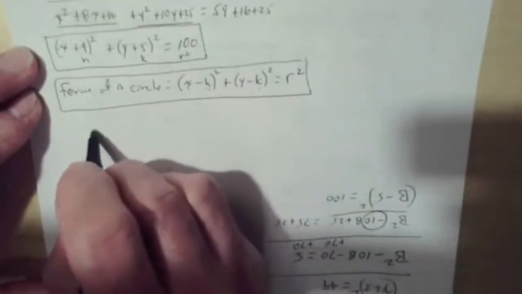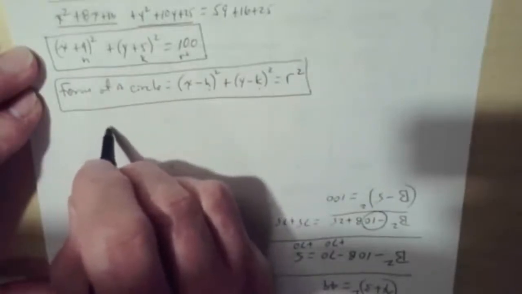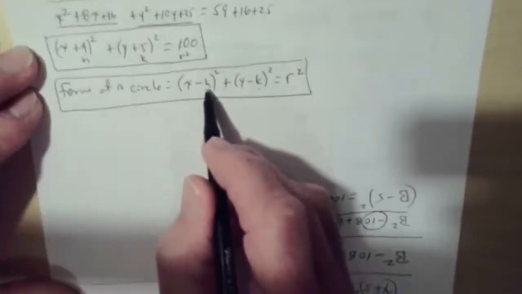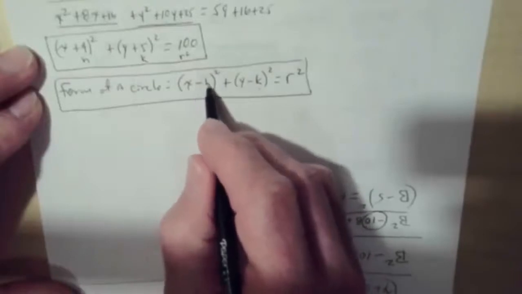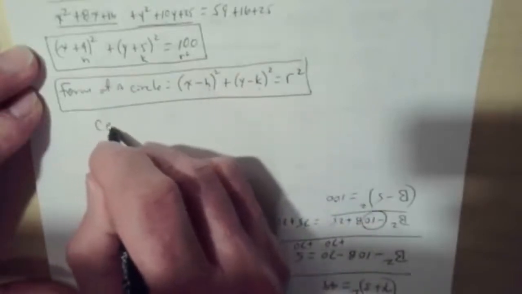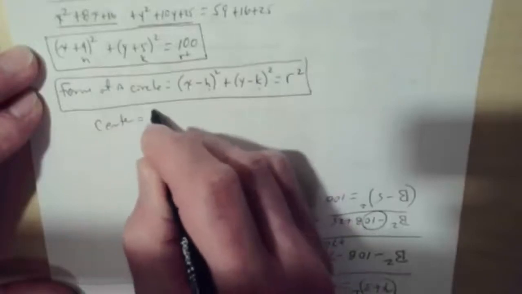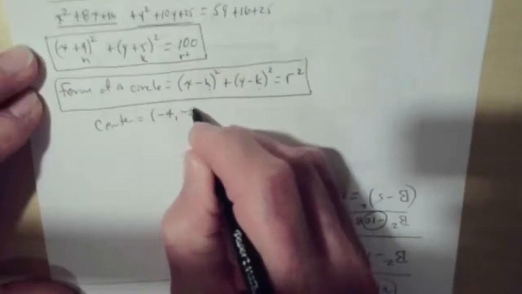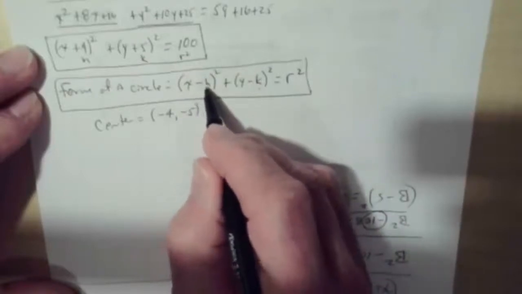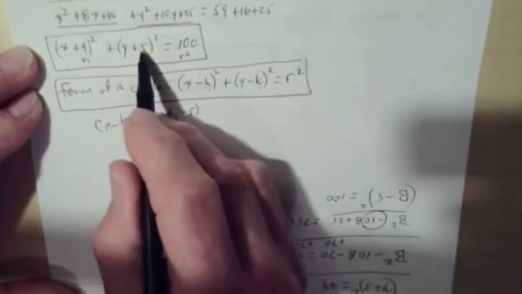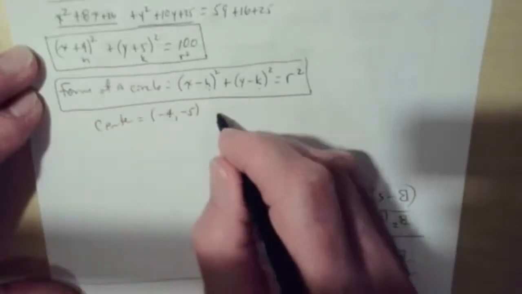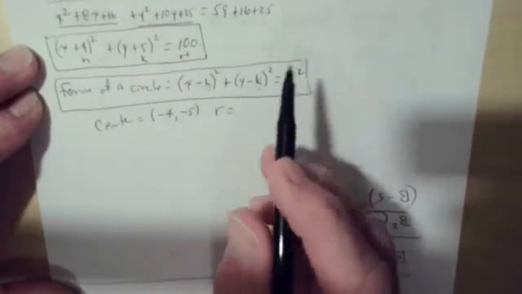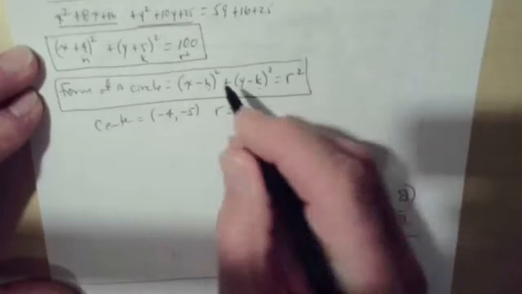So the center of our circle is going to be negative 4 and negative 5, because the formula says minus h, minus k, so we just use the opposite of whatever those numbers are. And the radius, now 100 is r squared, so what does r equal? 10, the square root of that.